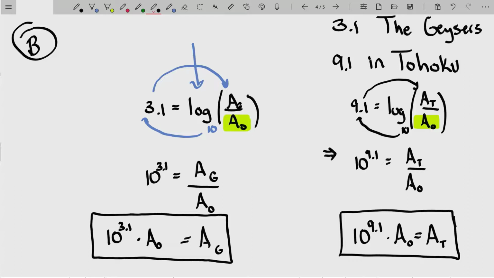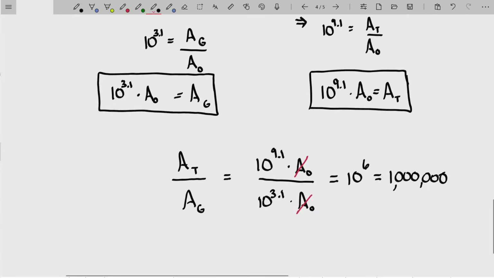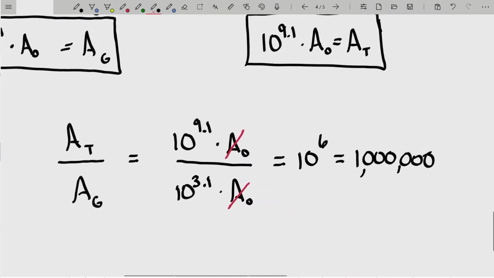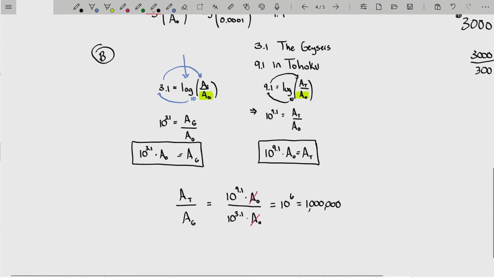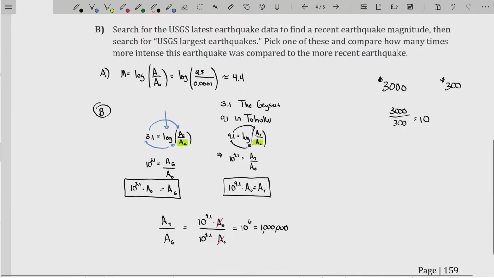That quake in Japan was 1,000,000 times more powerful. That is super destructive. So you could do this, by the way. You go to the USGS website and look up quakes for all different time periods, whatever you want, and do your comparisons. This is how I build problems for exams, actually. So really cool way to deal with logarithmic problems.